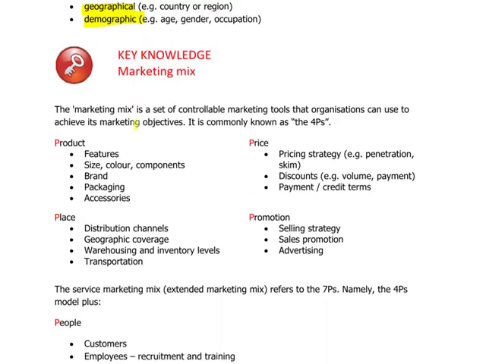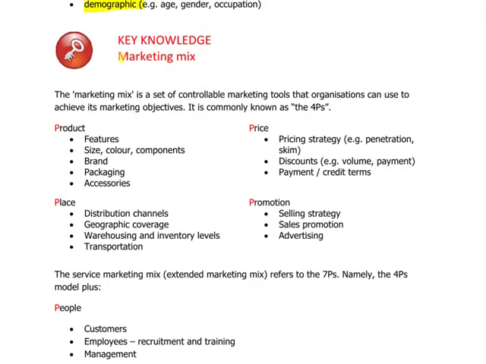The next thing, which is really vital, is known as the marketing mix. The marketing mix is sometimes known as the 4 Ps, sometimes the 7 Ps as well, which we'll come on to later. But the marketing mix is a set of controllable marketing tools.